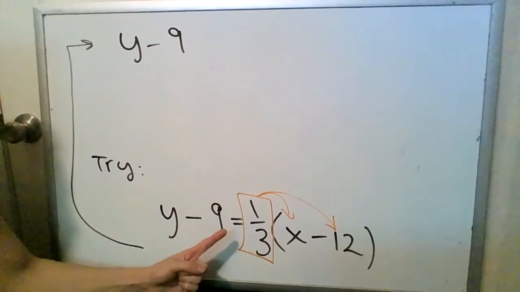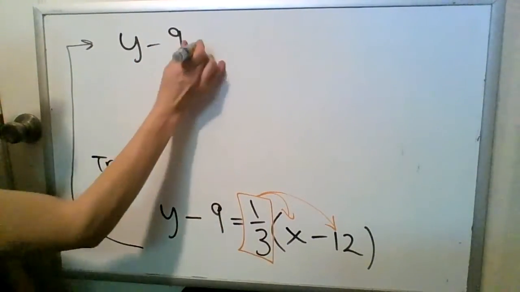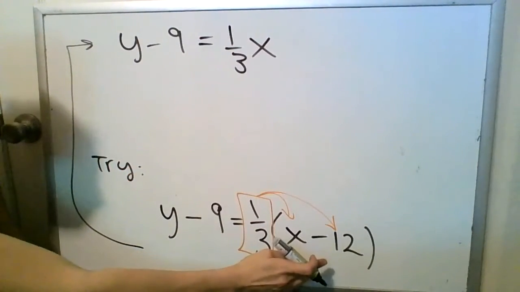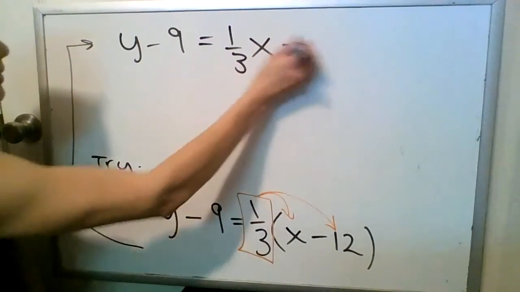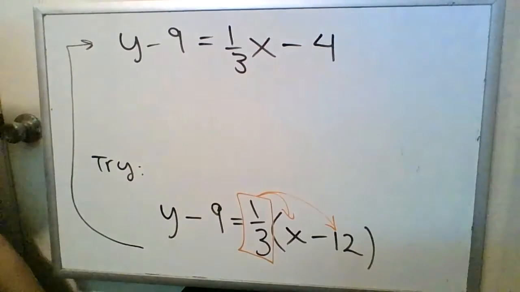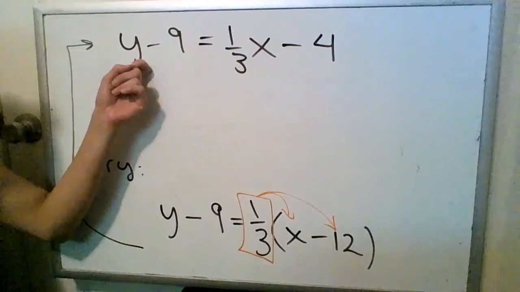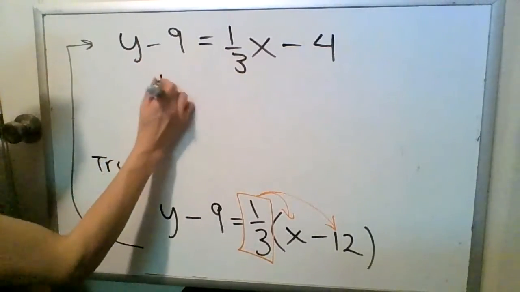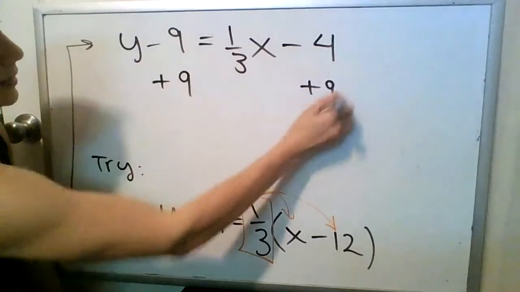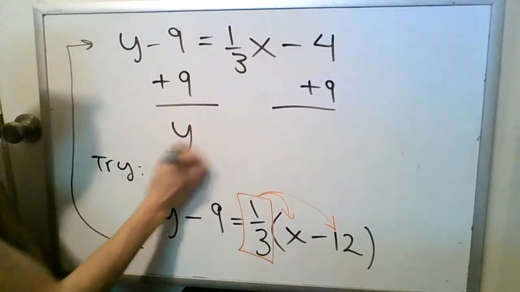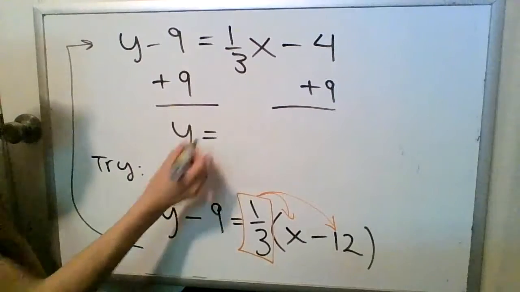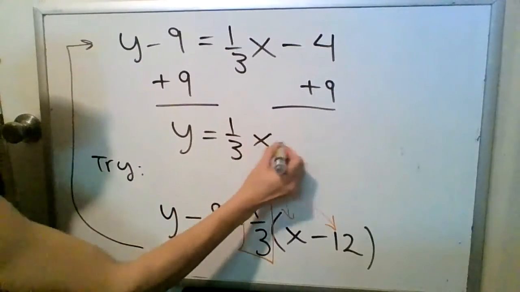So y minus 9 equal to 1/3 x, and 1/3 times -12 is going to be -4. And we're going to isolate y. So just add 9 to both sides and we'll be done. I've got y equal to 1/3 x plus 5.